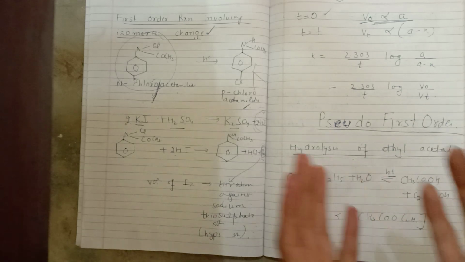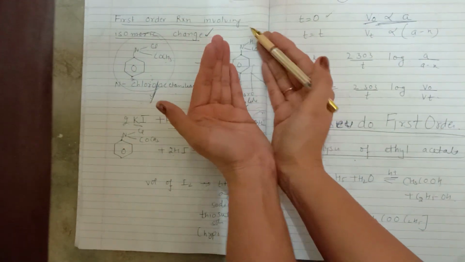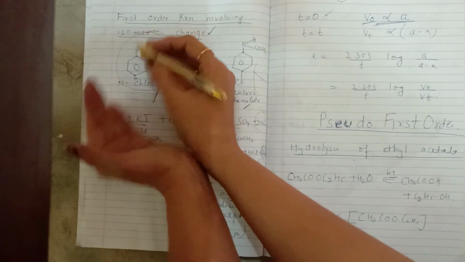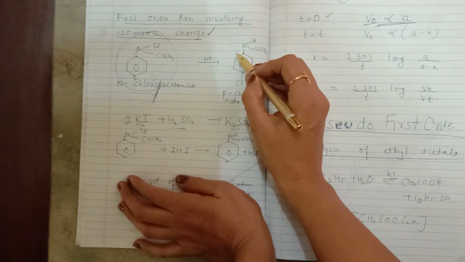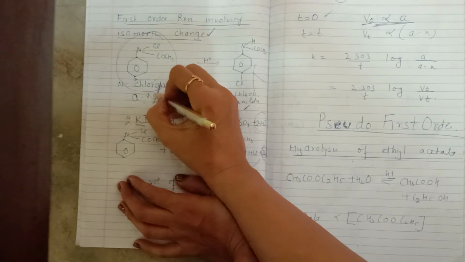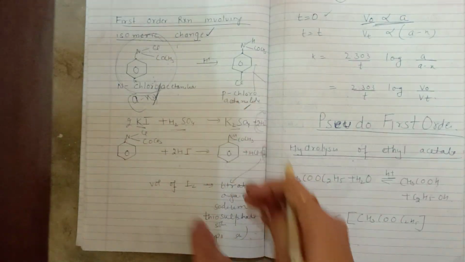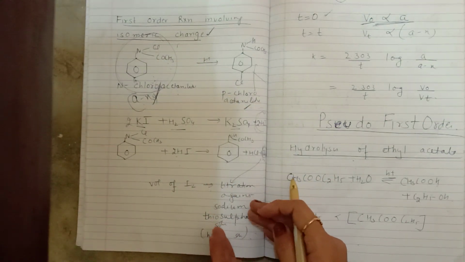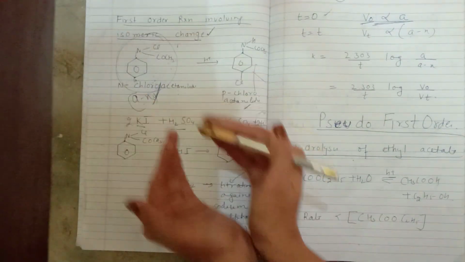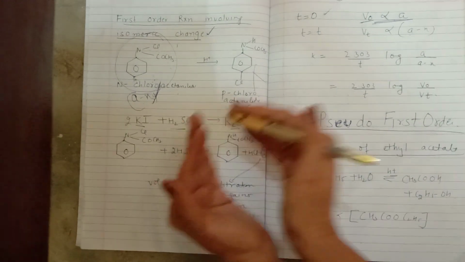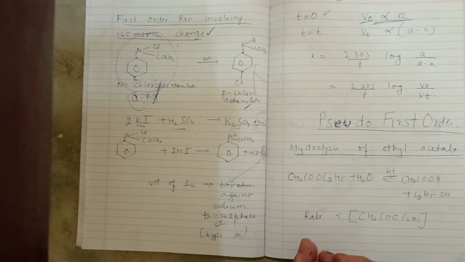And at time t, some of this has been isomerized to give the other. What is left is a minus x. So this will give us iodine, which will be titrated against sodium thiosulfate, hypo solution.